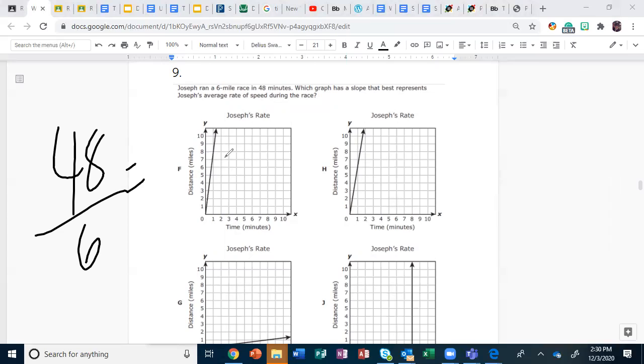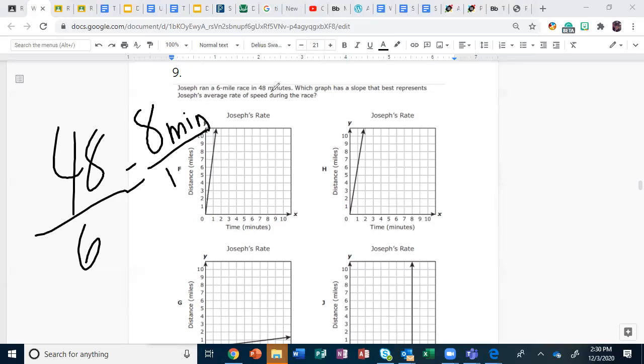And then 8 times 6 is 48. It is 8, guys. It's a whole number. So what does the 8 represent? The 8 miles or the 8 minutes? Minutes.